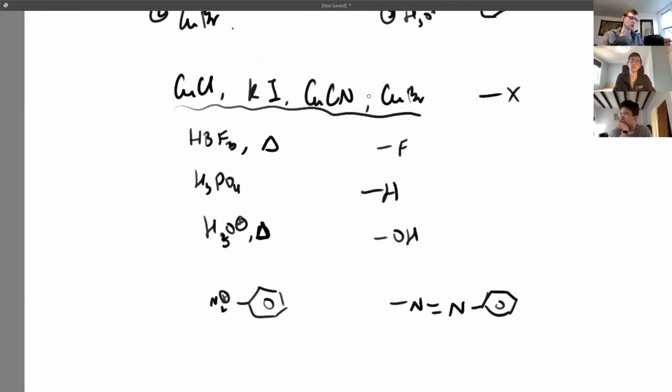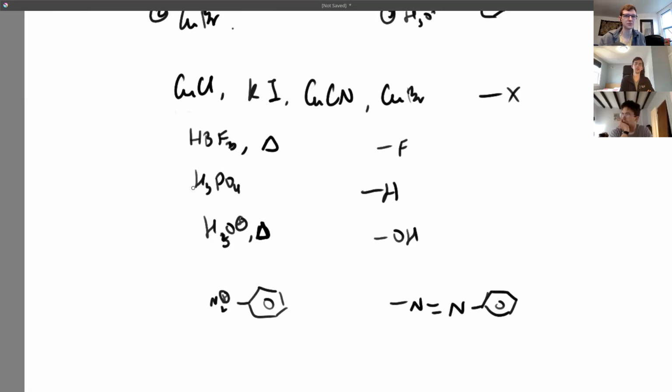But you can imagine also sticking on a halogen and then doing nucleophilic aromatic substitution. That's a weird and kind of uncommon synthesis route, but it could work and it could be really fast sometimes, depending on what you want to put on.